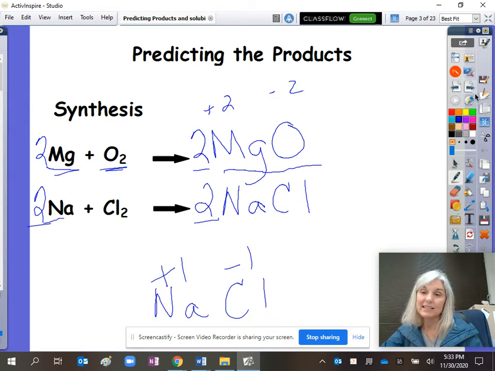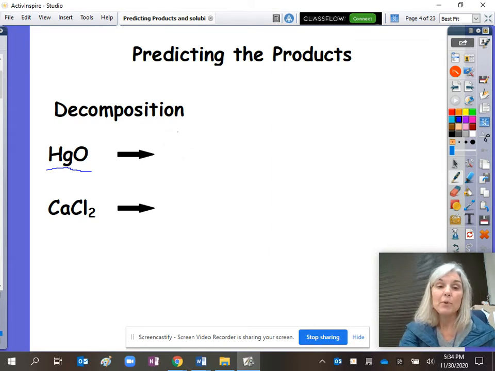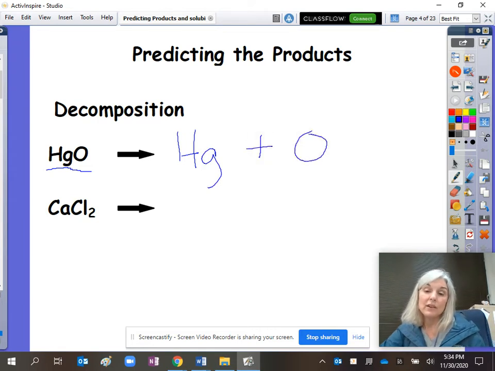So now let's look at a decomposition. In a decomposition, we're going to break it apart. So you have HgO. So now let's break the Hg and the O. And by breaking it, we're going to put a plus sign in between. Now, if you remember, is oxygen ever written as just O?